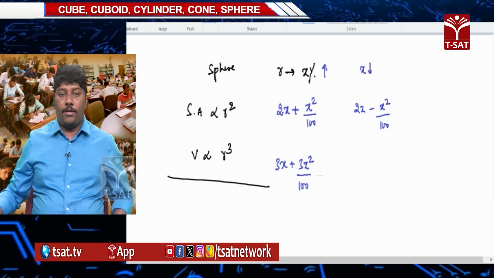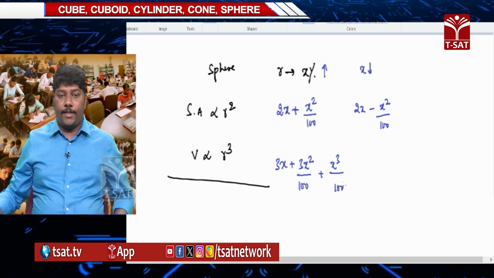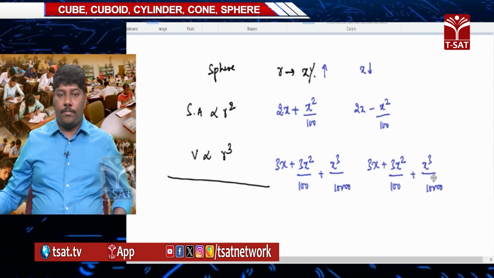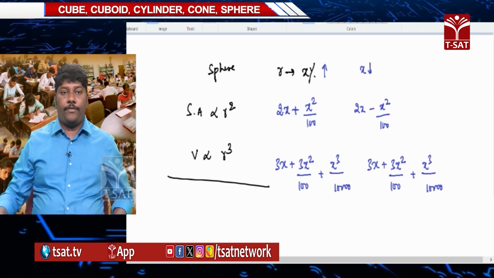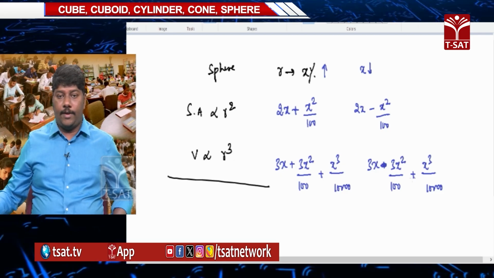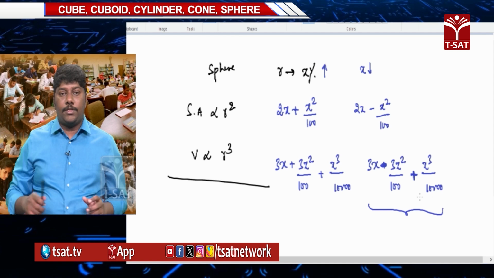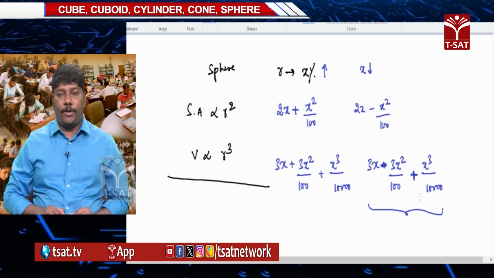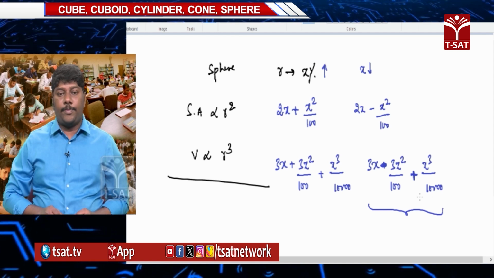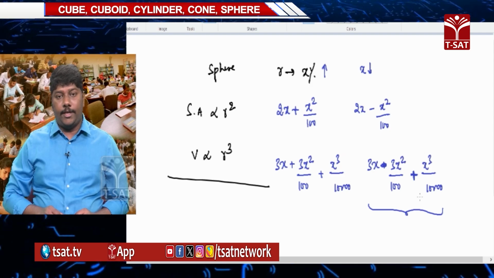Remember it as a formula. You can take the same thing for decrease, but instead of plus, plus, plus, you take plus, then minus, then plus. So x percent decrease followed by x percent decrease followed by x percent decrease is 3x minus 3x square by 100 plus x cube by 10,000 decrease.